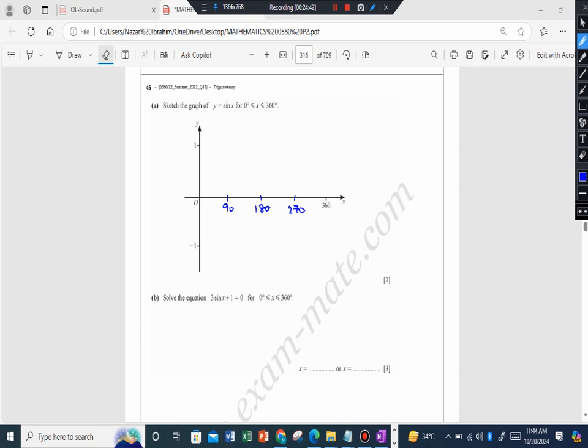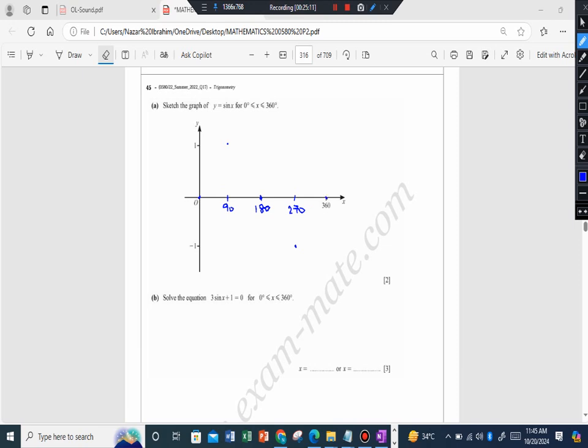It means that sine 0 is 0, so the first point should be like this, and sine 90 is equal to 1. It means your point will be starting from this. Then you should know that sine 180 is equal to 0, and sine 270 is equal to minus 1, and again sine 360 is equal to 0, right?